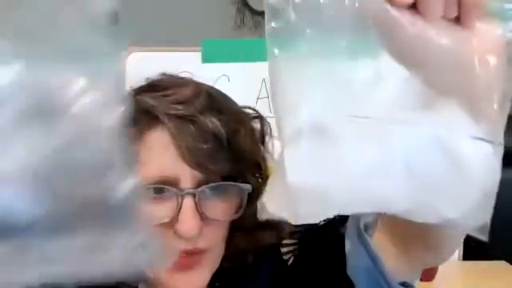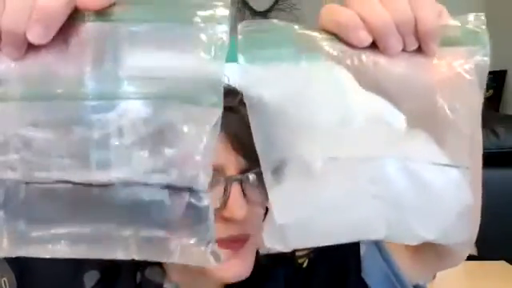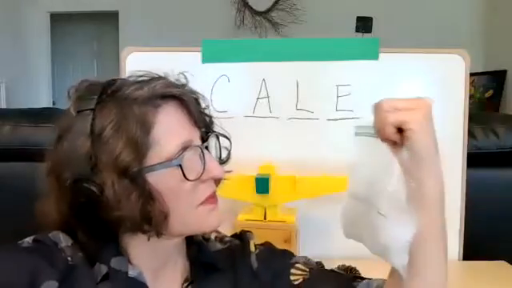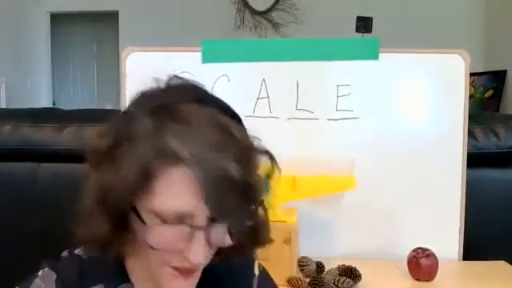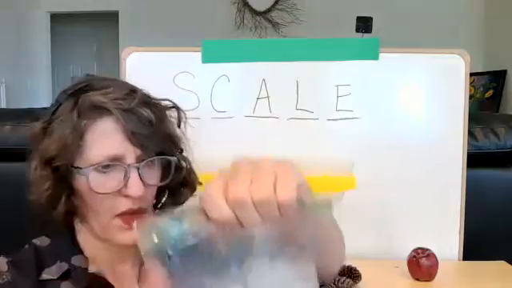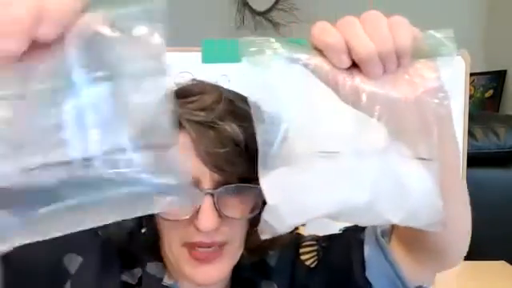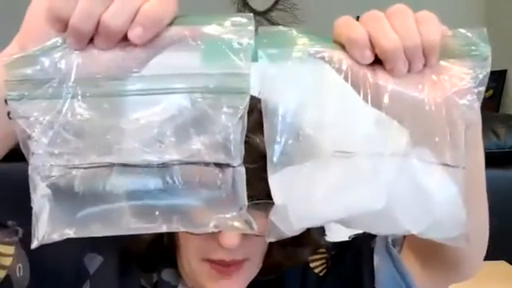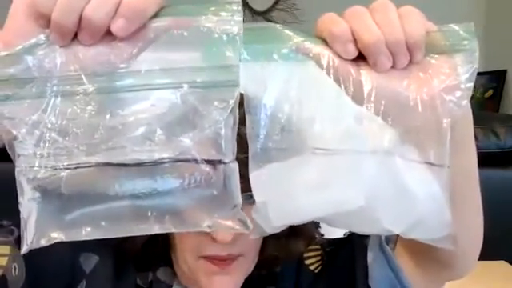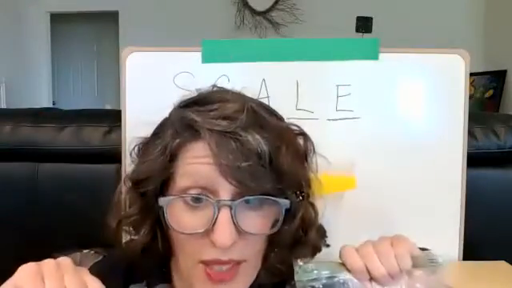Let's see. Does that look more fair? I'm going to take out one more. Oh, that looks better. Now they seem the same. Don't those seem the same? What do you think?